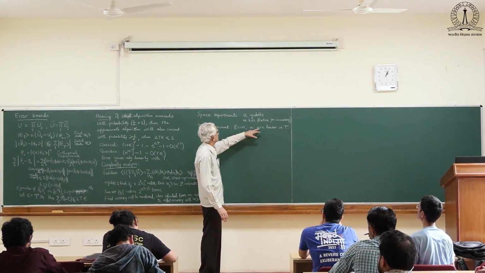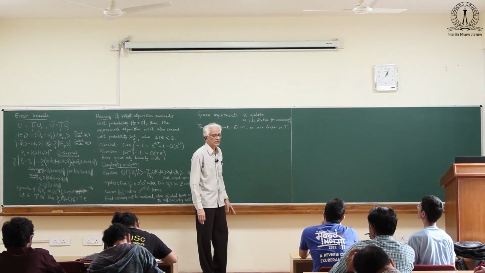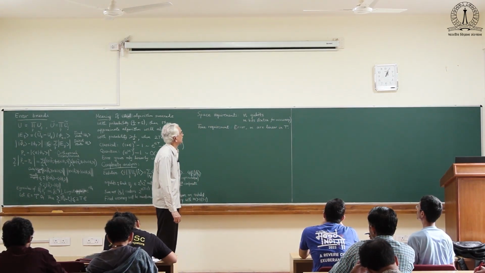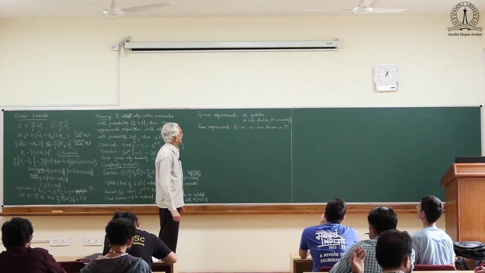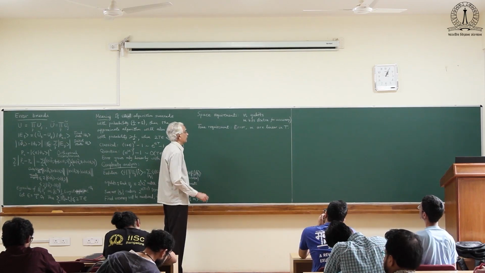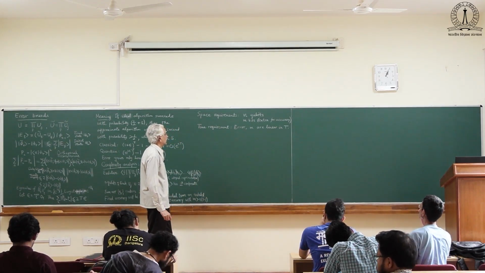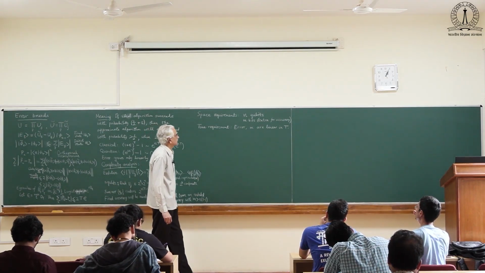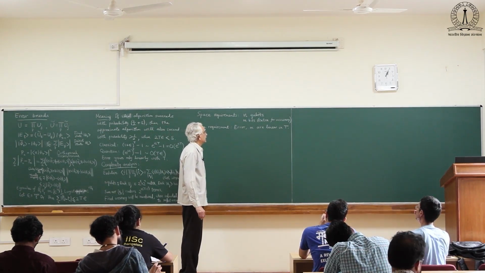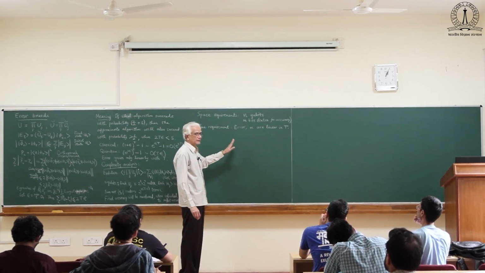But the resources are all now written as a function of the number of steps which are there in the algorithm, and the problem which we want to solve is efficient provided these resources are polynomial.